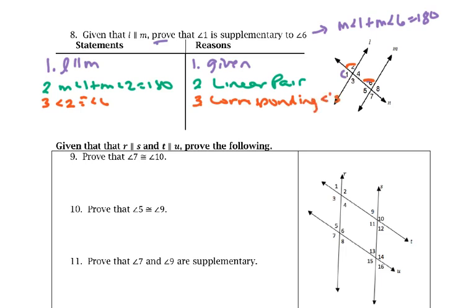Okay, so corresponding angles. So I know 2 is congruent to 6, and so look at what I can do. If 2 is the same thing as 6, I can just say the measure of angle 1 plus the measure of angle 6 equals 180 because I just substituted something, and I just proved what I need to prove. And so you just have to think through this puzzle.